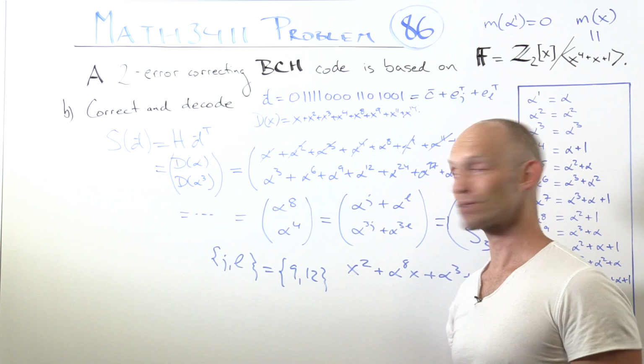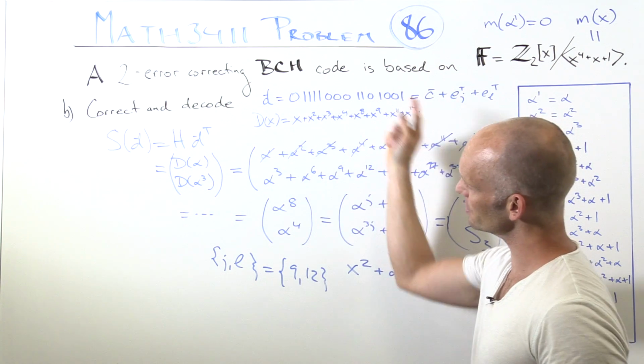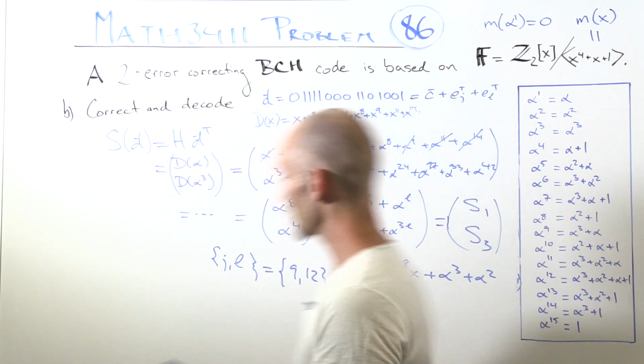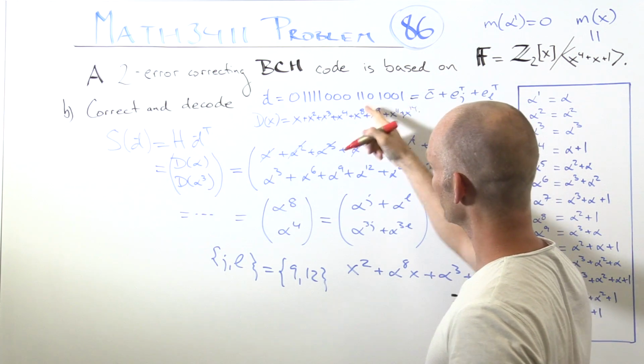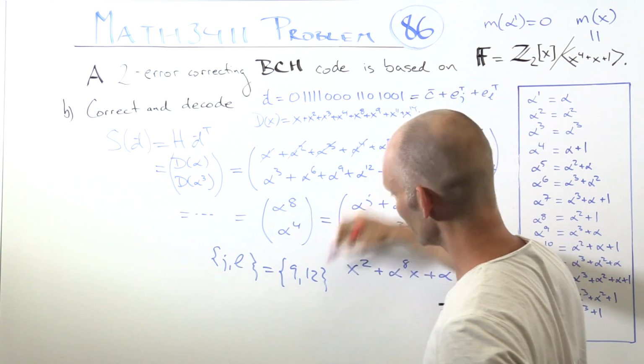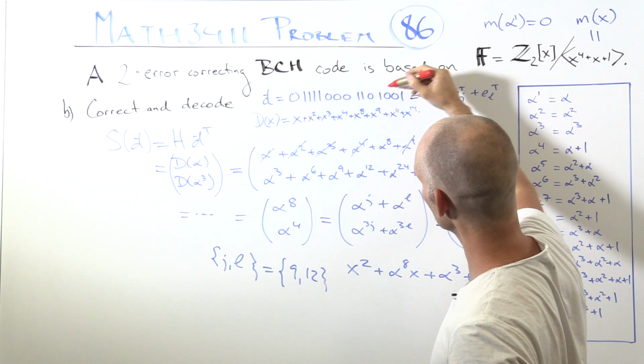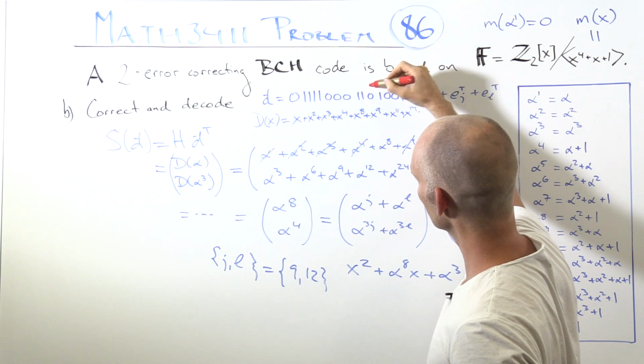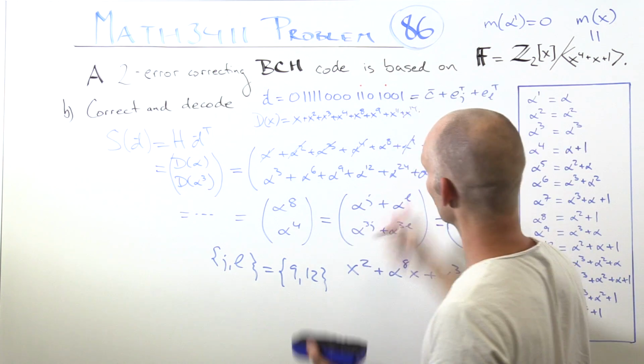Okay, now what did we have to do? We had to correct this and decode it. Now we've got all the information we need. We just have to figure out what positions these are in. So 14, 13, 12, this one here, 11, 10, 9, that one there.